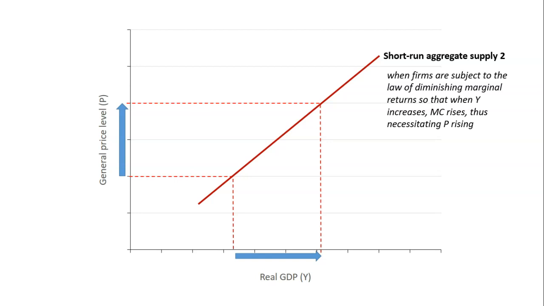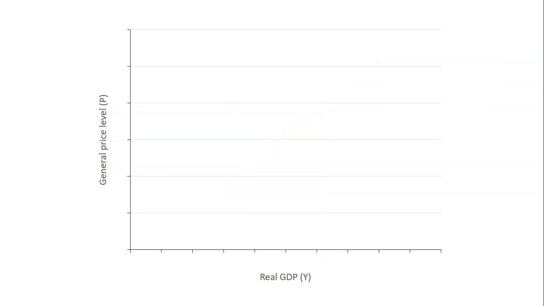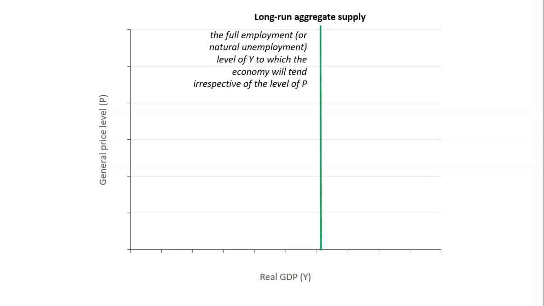As they increase output, their marginal costs rise, and thus to cover their higher marginal costs, they will need to charge and will charge higher prices. So in this case, we get a rise in real GDP and a corresponding rise in the general level of prices. Then we can contrast that with the long-run aggregate supply curve.